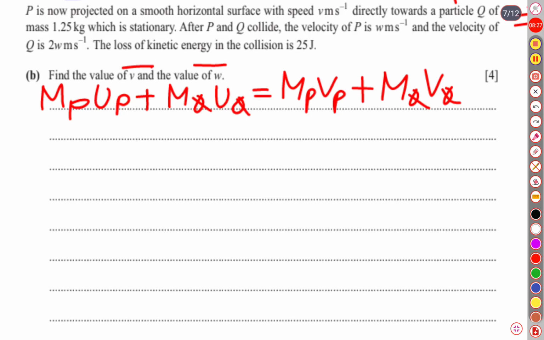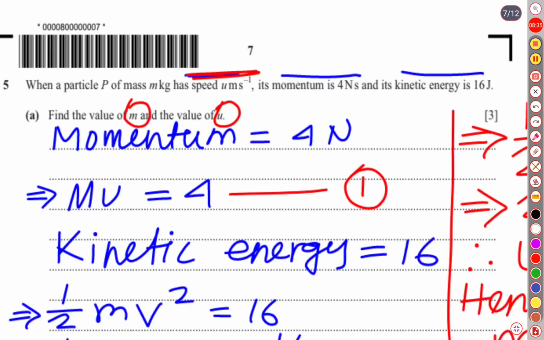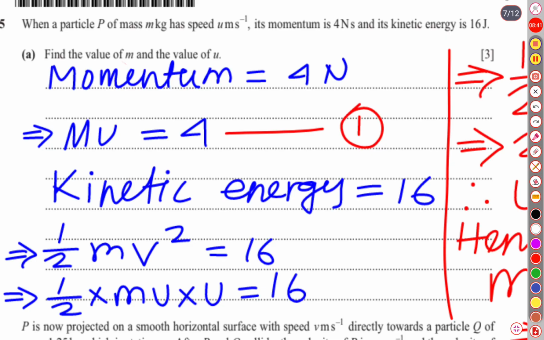Now we are going to substitute the values. The mass of particle p is, let us see what is the mass of particle p. It is written mass of particle p is m kg. And we have just obtained the value of m as, sorry, not 8, m was 0.5.